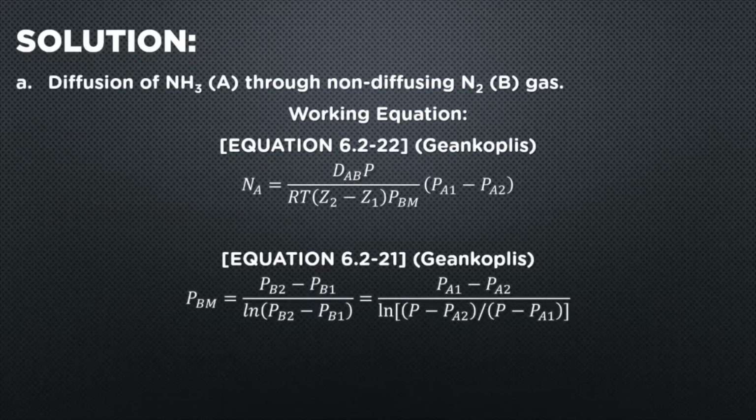So to solve for diffusion of ammonia through non-diffusing nitrogen gas, our working equation is equation 6.2-22, which is flux is equal to diffusivity coefficient for A diffusing into B times the total pressure all over gas constant times temperature times the distance of diffusion times the log mean value of pressure B, times the quantity of the partial pressure of A at point 1 minus partial pressure of A at point 2.